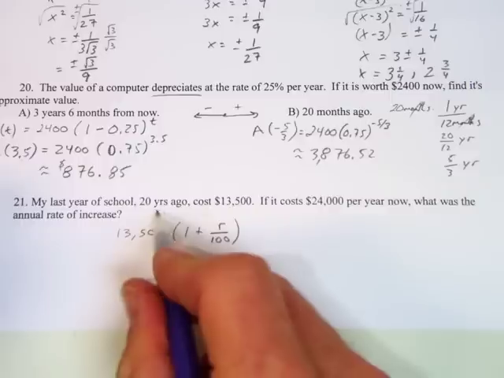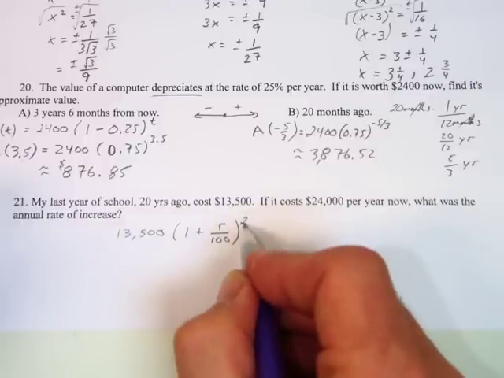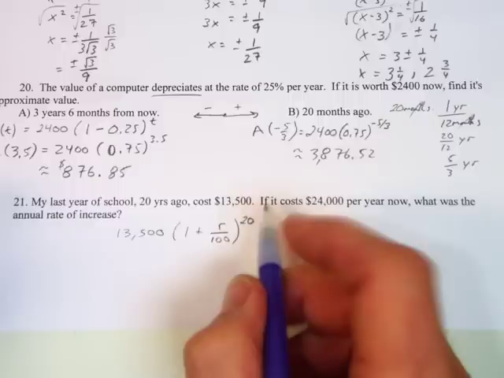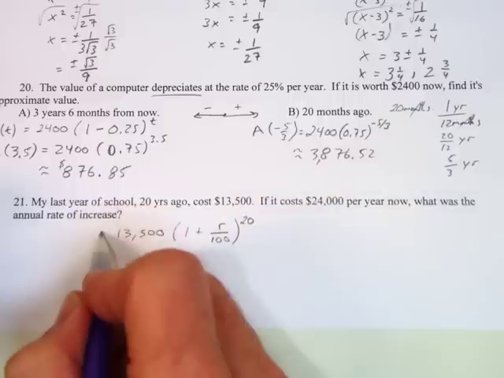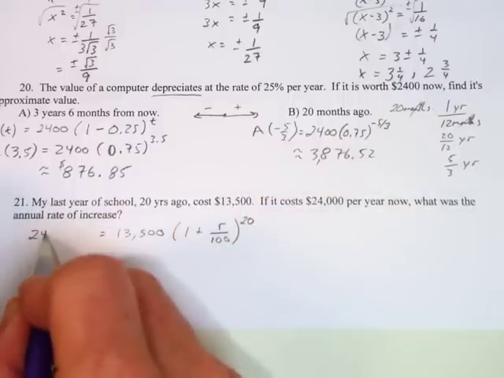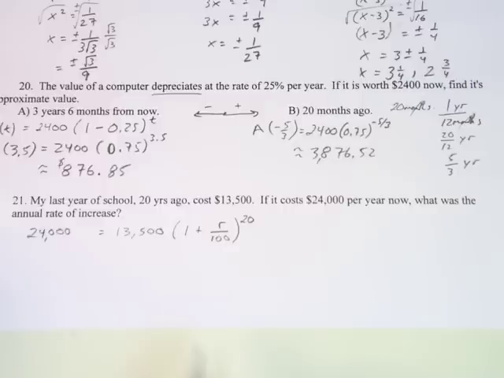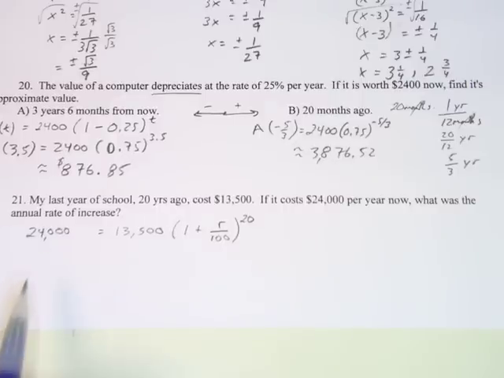And it was over 20 years, so we'll put that to a 20, and we're going to set this equal to 24,000. Now it shouldn't be 24,000, it's more like 34,000 nowadays.